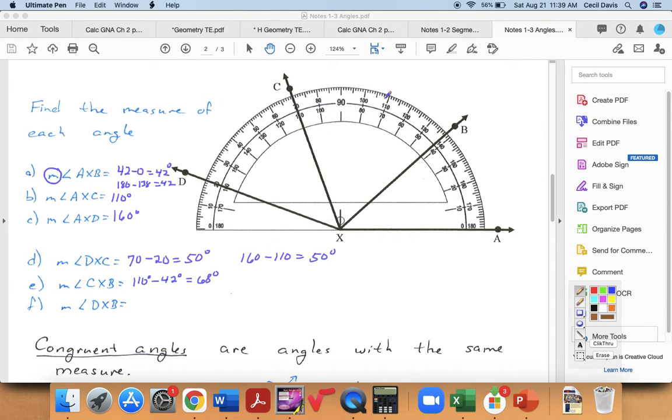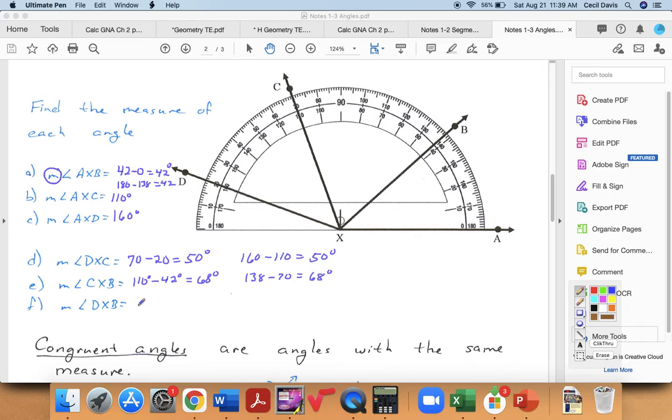I could have also used the outside scale. On the outside scale, this runs through 138, and this side runs through 70. 138 minus 70, also 68 degrees. The subtraction on that one was a little bit easier. So if you look ahead and ask which subtraction would be easier, that might be another way that you decide whether to use the inside scale or the outside scale.